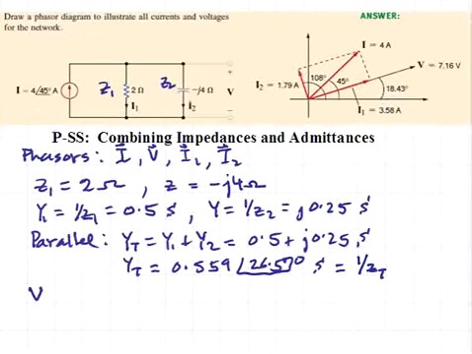So now we can say that the voltage across these parallel elements will be the current divided by this YT, or that's equivalent to ZT times the current.